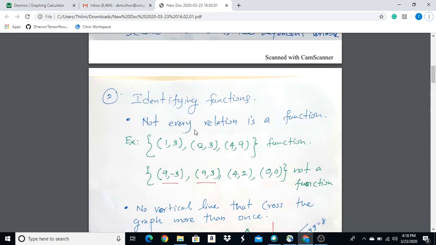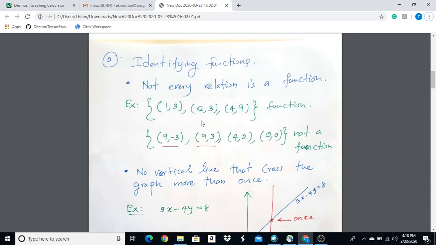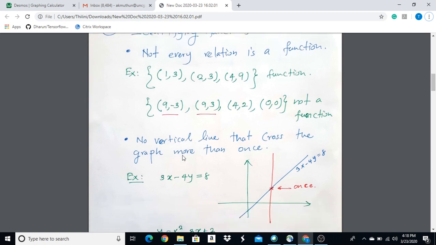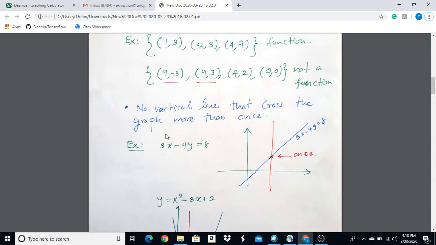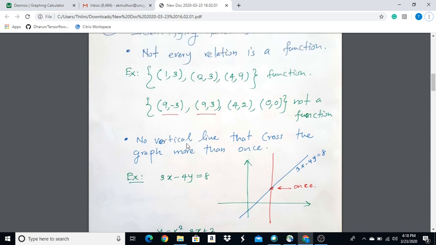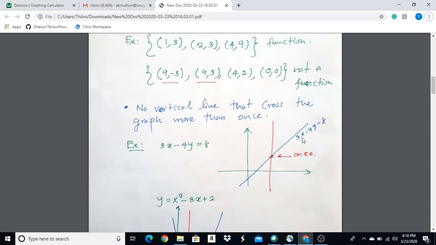Now, this is one way of identifying functions. The other way is, whenever you have the graph, you can see if it is a function or not a function. In this case, you can see this line, 3x minus 4y equals 8. Now if you draw a vertical line across this graph, it crosses exactly once.